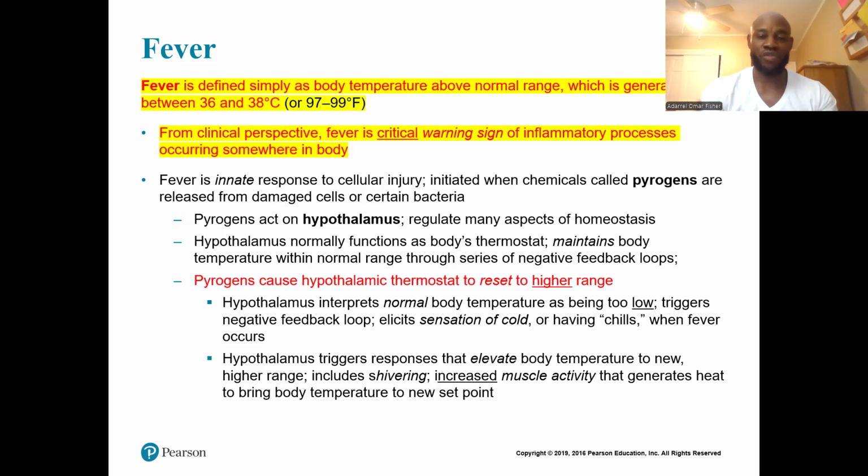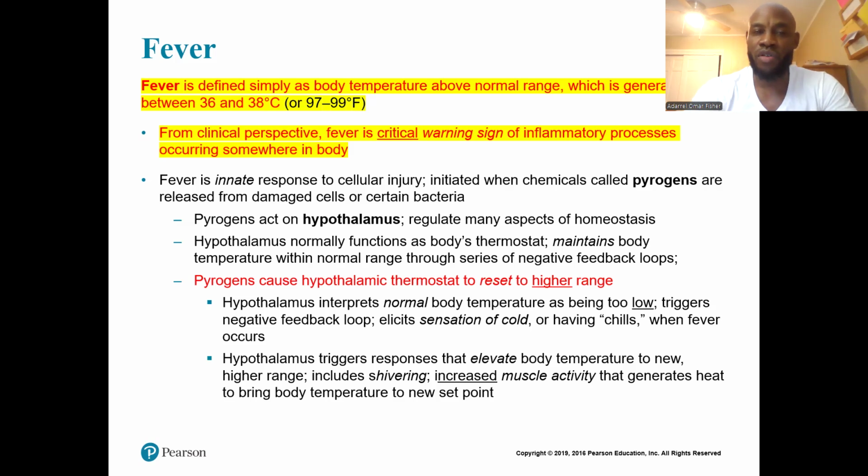Our body gets sort of tricked, and our hypothalamic thermostat resets to a higher range, and therefore we feel that our normal body temperature is too low, and so we feel this sense of coldness, and we get what is called the chills.